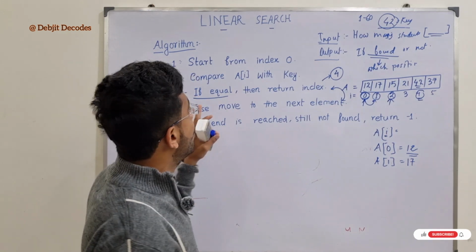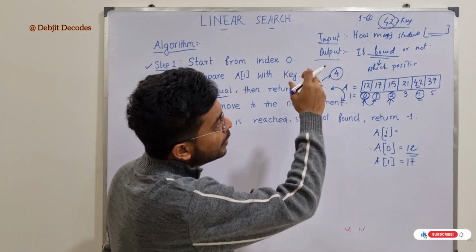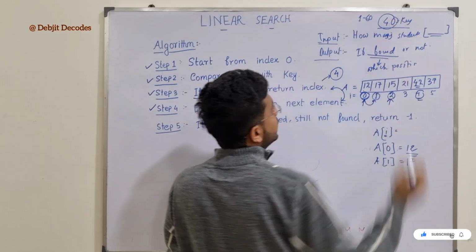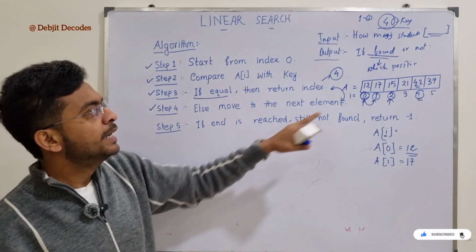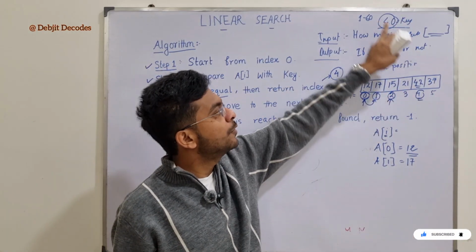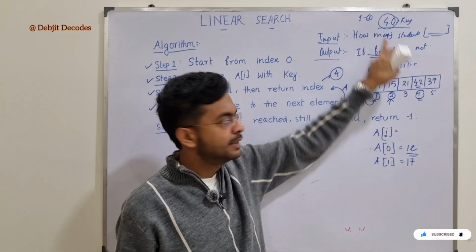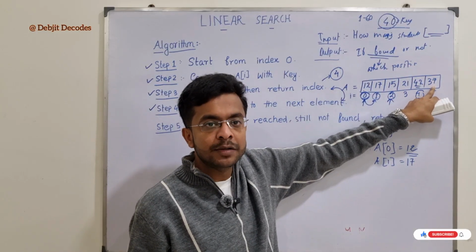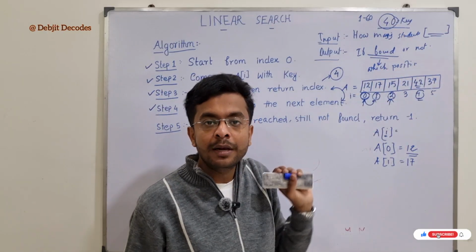Now, suppose the key was not 42, instead the key was 40. In that case, 42 would again have been compared with 40, and this was not equal. It would have shifted. The last value is 37. So these two are also not equal, right?